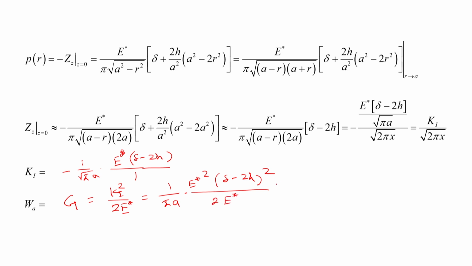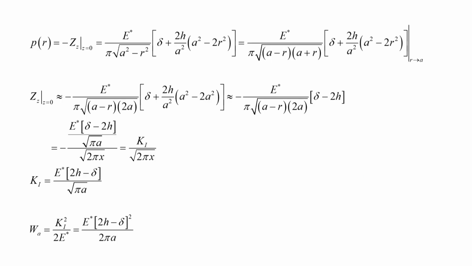So, E star will get cancelled here, not fully cancelled; E star will be divided by 2 pi a into (delta minus 2h) square. So, the expression for the work of adhesion will be something like this. Okay. So, we have done that.